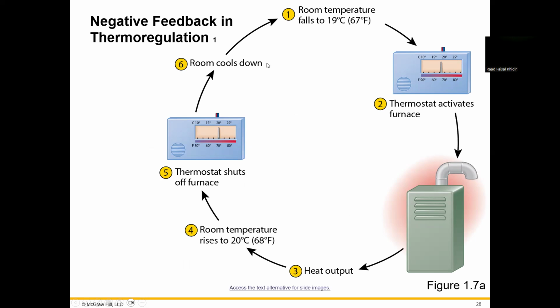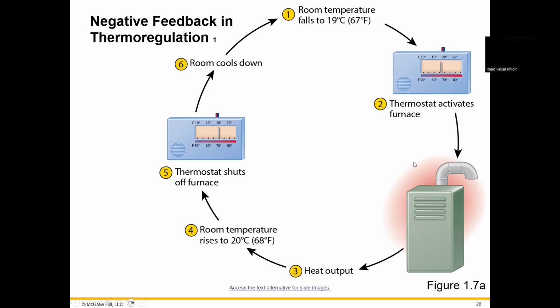So you see here, the room temperature falls to 19 degrees Celsius. What is that? Hyper or hypothermia? It fell. The room temperature falls. So what is that? Hyper or hypo? That's hypothermia. Then who detected that? The thermostat detected it, so like a thermoreceptor. Then it processed that, listen, let's activate the furnace.